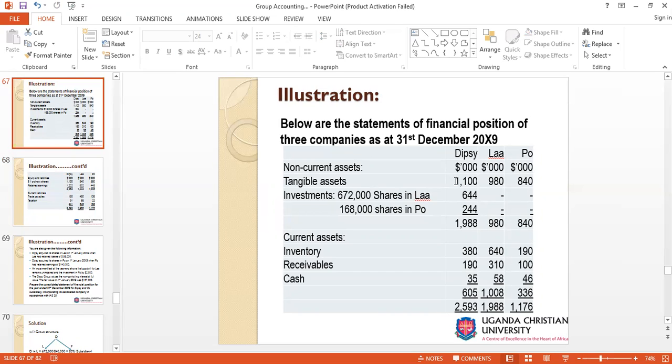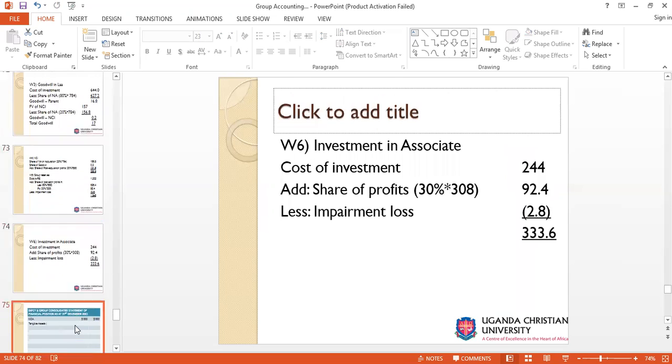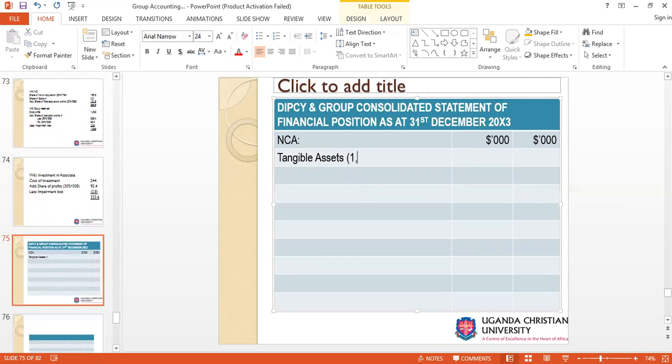So that is 1,400, 1,100 and 980, giving 11,980.